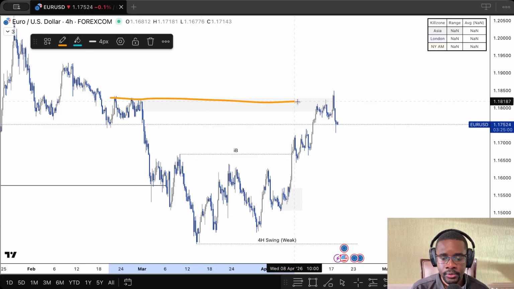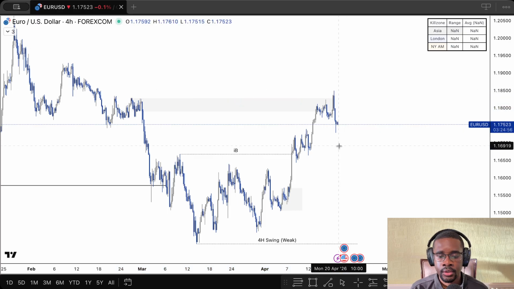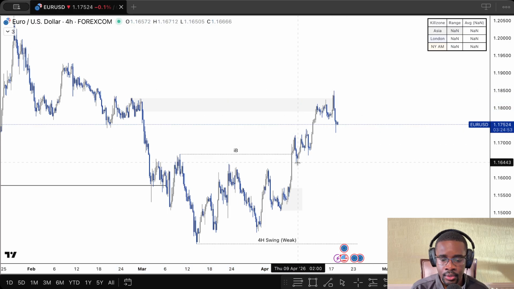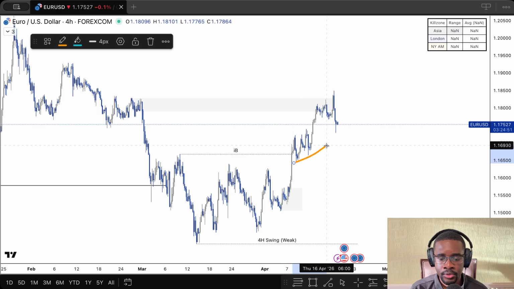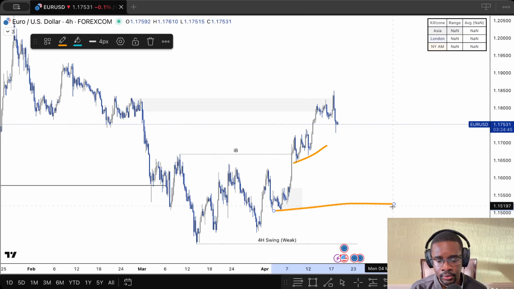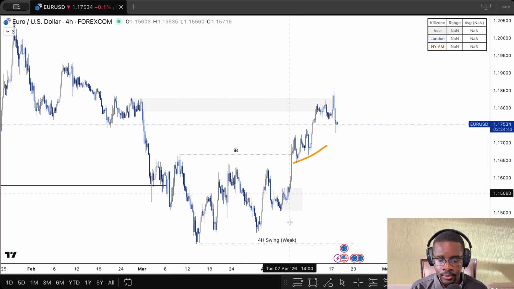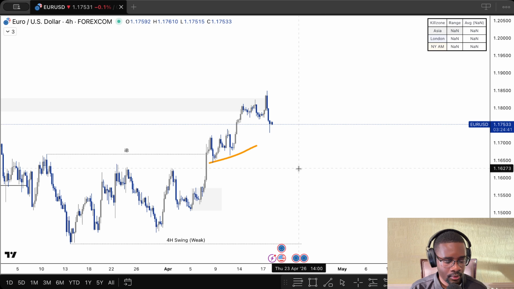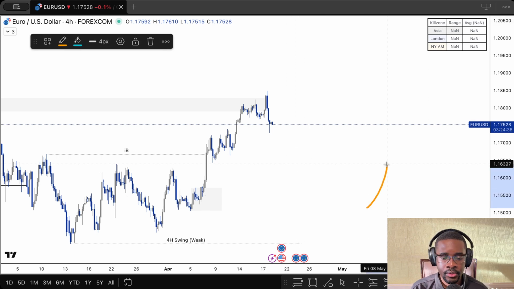So we did take out these highs, and now you can see a very strong reaction after that. So we do have liquidity to target right there, possibly, and even maybe to come down to these areas as well.